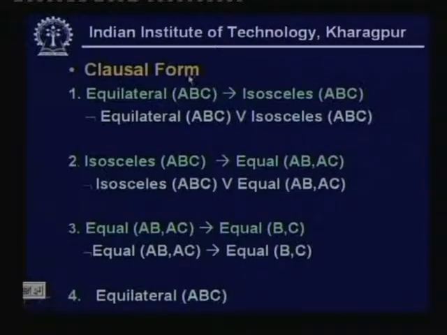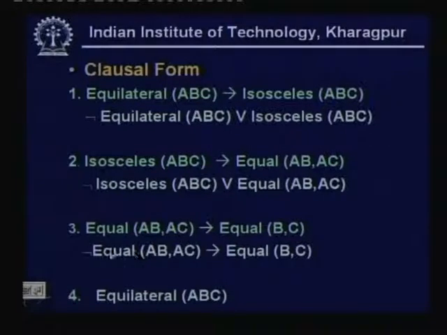Now, we have to convert each of these propositions into their clausal form. Equilateral ABC implies isosceles ABC turns out to be not equilateral ABC or isosceles ABC. Isosceles ABC implies equal AB AC will be equivalent to not isosceles ABC or equal AB AC. Equal AB AC implies equal BC, you see, P implies Q is not P or Q. I am sorry, I have made a mistake here.